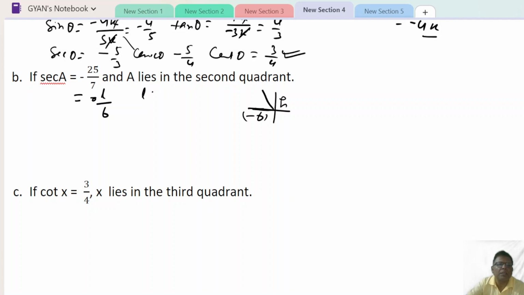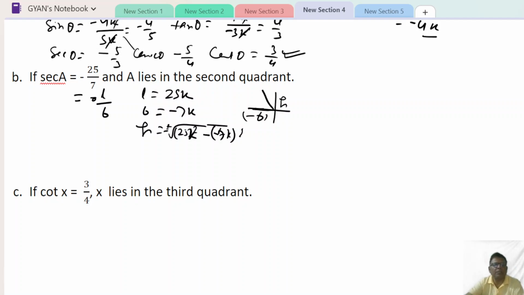So we can say hypotenuse is equal to 25k and base is equal to minus 7k. Then height is equal to root over 25k the whole square minus of 7k the whole square, and the negative becomes positive.